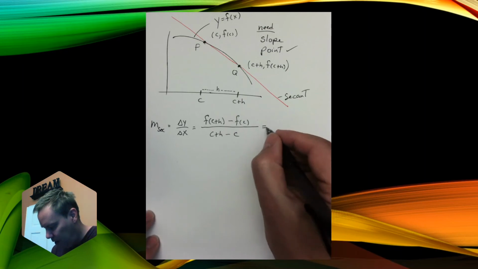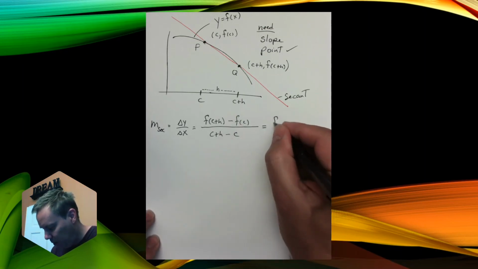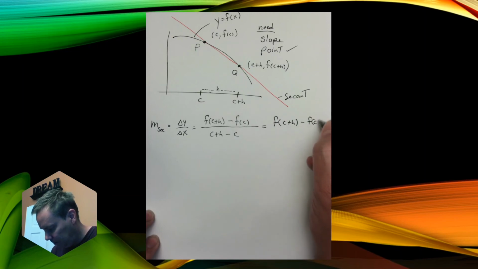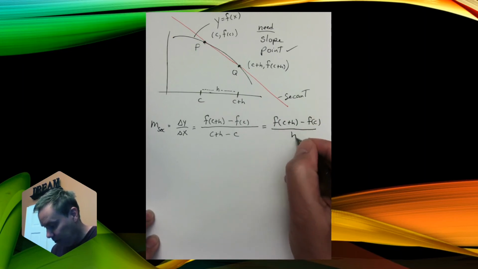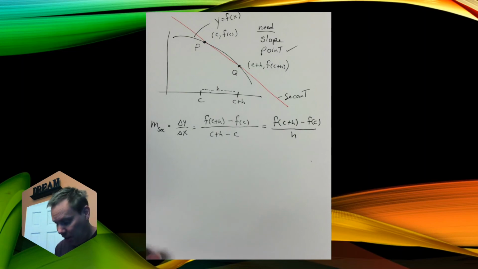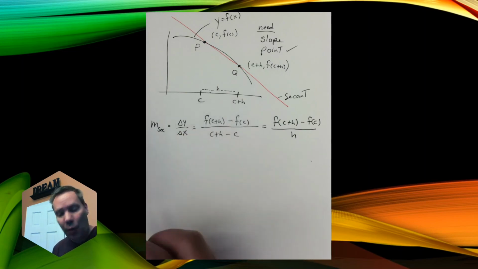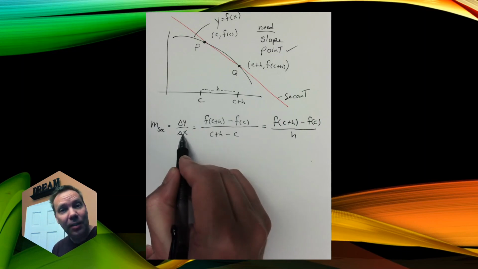You may notice that the denominator can be simplified a little bit. In fact, it's just h. H is the distance between the two x values. In other words, it is the change in the x value.